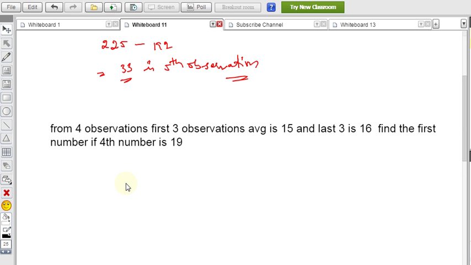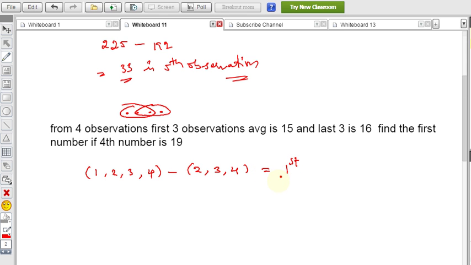So in these 4 observations, we have only 4: 1, 2, 3, 4. The first 3 average is given separately and the last 3 average is given. Then the fourth number is also given, 19. So from 1, 2, 3, 4, we have to subtract 2, 3, 4, and what remains is our first observation.